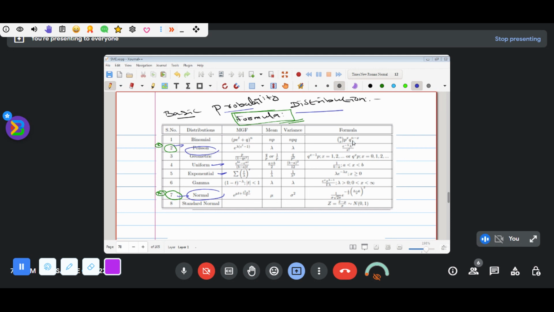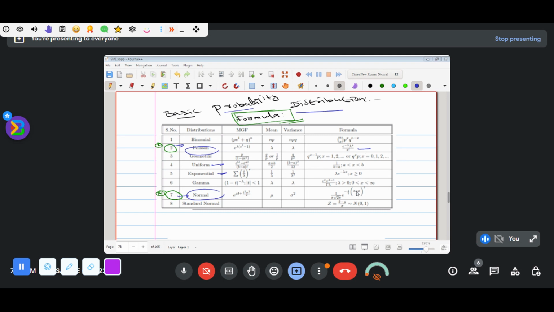This is the formula part. What is the formula of the Poisson distribution? e power minus lambda into lambda power x divided by x factorial. And what is the normal distribution formula? 1 by sigma root 2 pi into e power minus 1 by 2 into (x minus mu divided by sigma) the whole square.